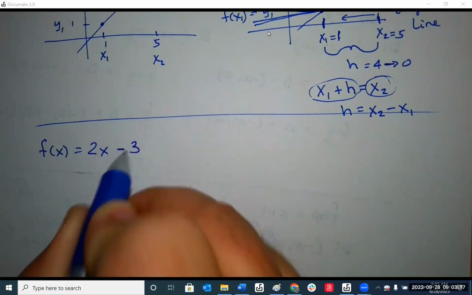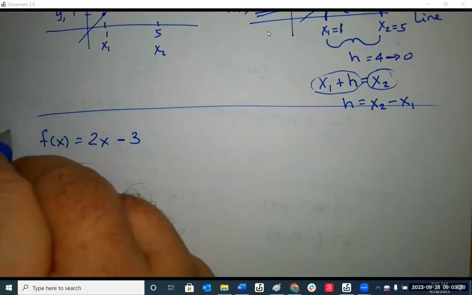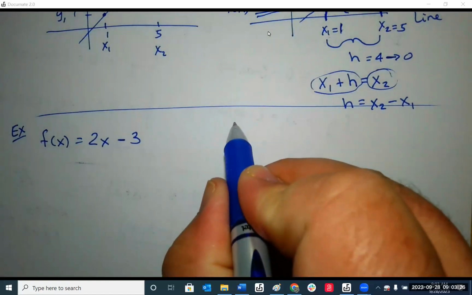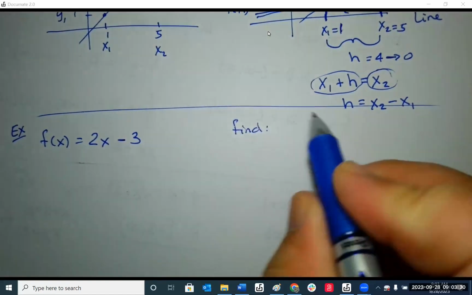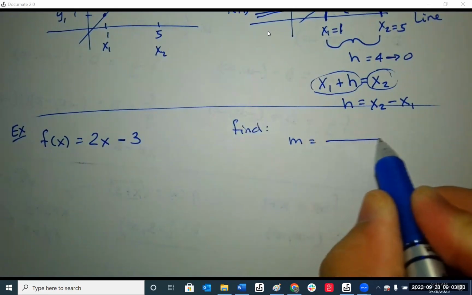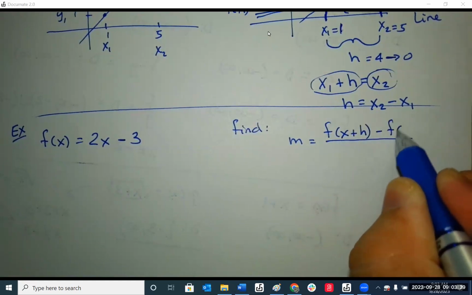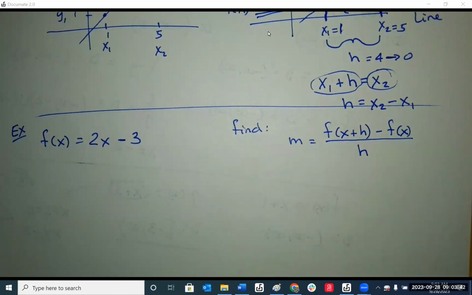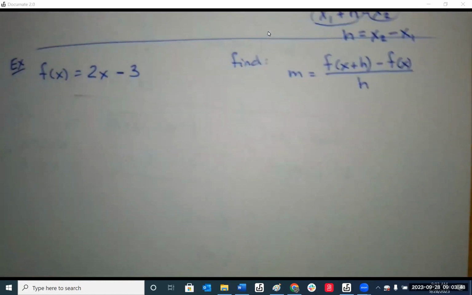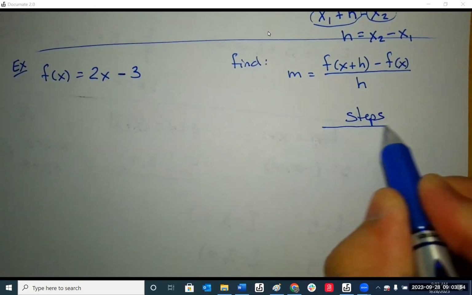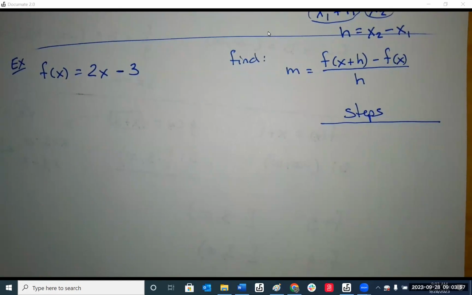Find me the difference quotient of that function. f of x plus h minus f of x, all over h. So here are the steps.